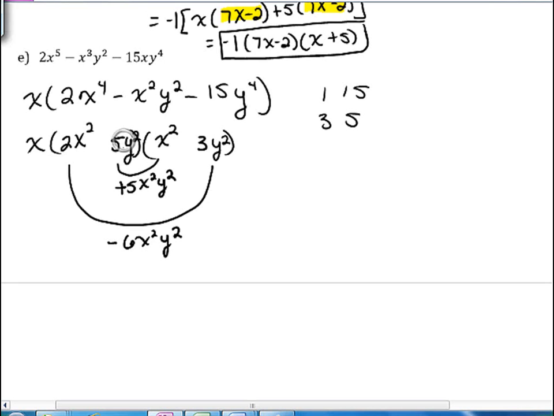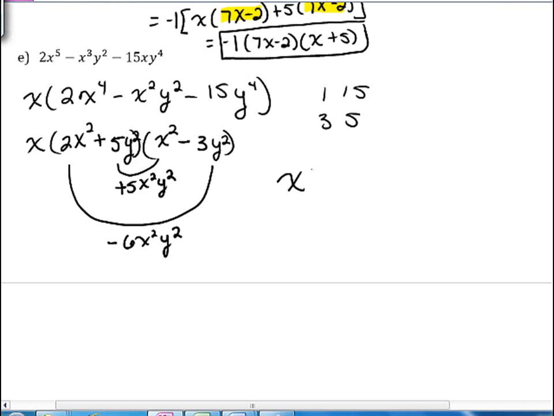So when we do this multiplication, we want our result to be positive, so we need a plus sign in between these two. And when we do this outer multiplication, we need it to be negative, and so we need this to be minus. And then this also, just make sure that you check this last term here. It will give us the negative 15y to the fourth that we need.